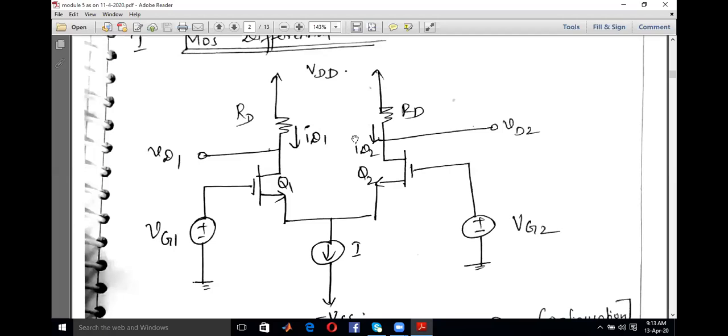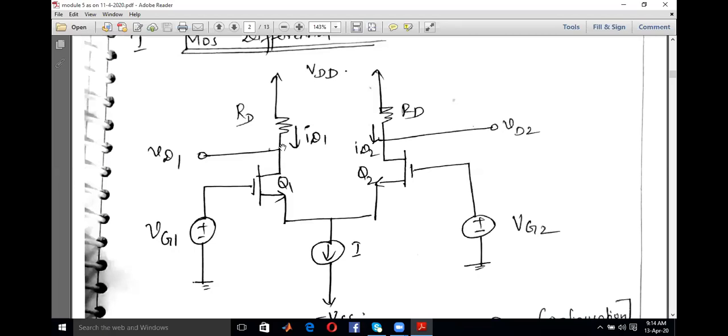So it is understood that we are taking the output at the drain terminal of Q2 with respect to the drain terminal of Q1 and not from the ground. Please be aware of that. We are taking the output at the drain terminal of Q2 with respect to the drain terminal of Q1 and not with respect to ground. So ground is not acting as a reference here while taking the output.